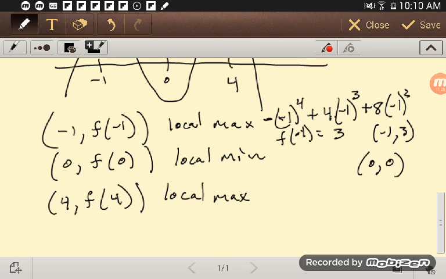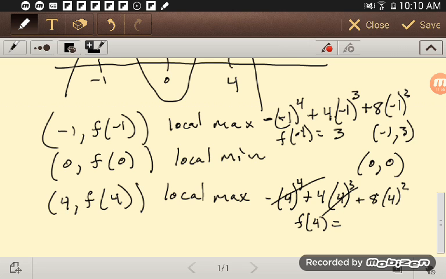And then finally with the 4 we get negative of 4 to the 4th plus 4 times, oh, this is convenient, 4 cubed. Those just cancel out. And then plus 8 times 4 squared, and so f of 4 is equal to 16 times 8, which is 128.